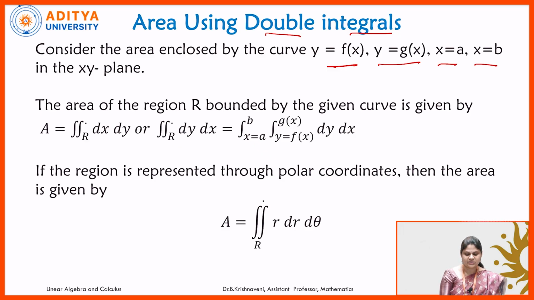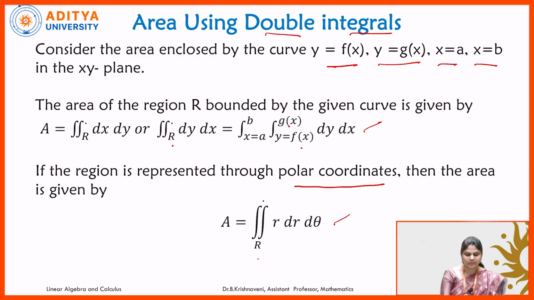The area of the region R bounded by the given curves is given by A = double integral over R dx dy or double integral over R dy dx, which can also be written as the integral from x = a to b, y = g(x) to f(x) of dy dx. And if the region is represented in polar coordinates, then the area is given by A = double integral over R of r dr d theta.